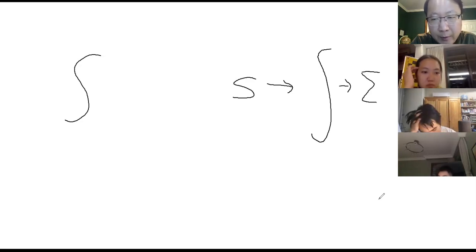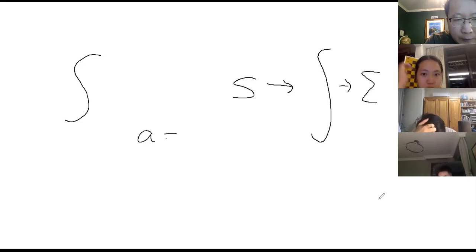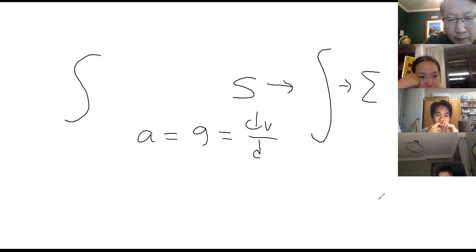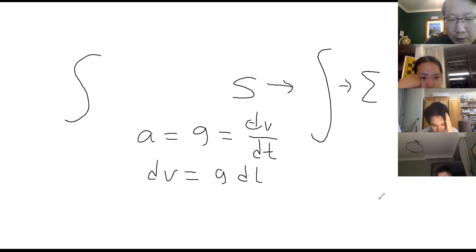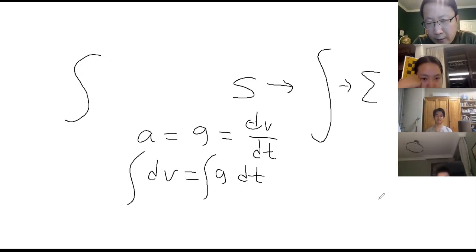So when people say I have acceleration equals g, which is dv/dt, I need to do the reverse process. So people say dv equals g dt, and then I need to do the integral.